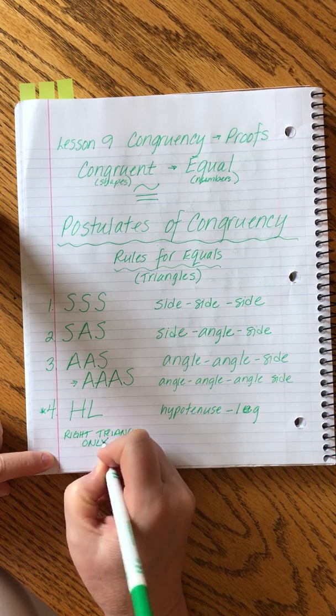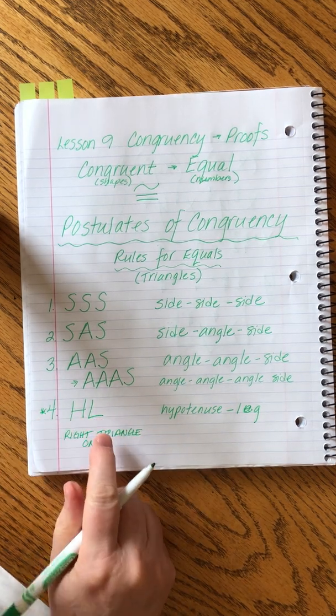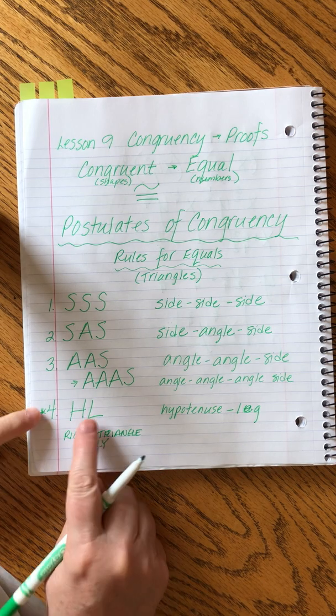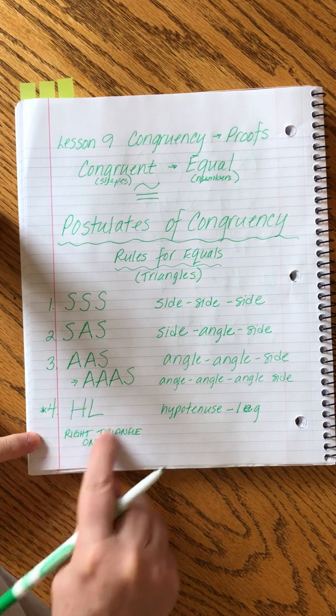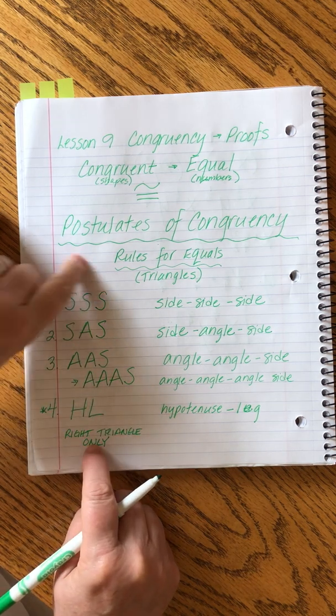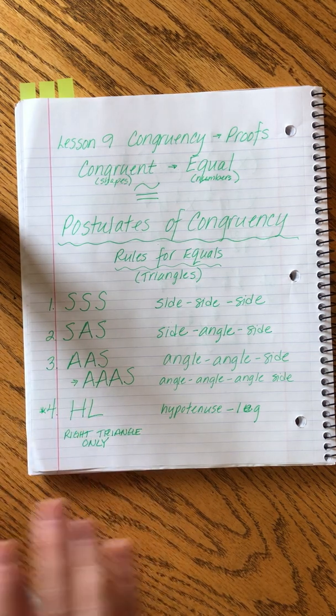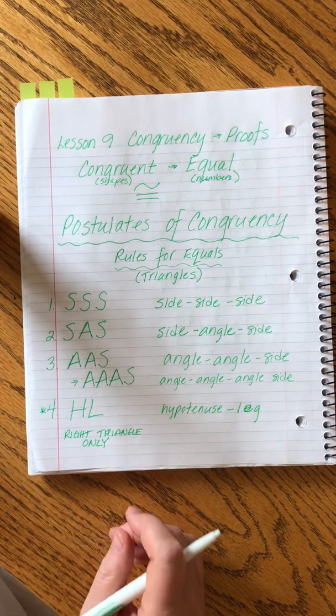And that makes sense because when we talk about hypotenuse and leg, those are words we only use for right triangles. So most students find it fairly easy to remember that this one is for only right triangles and these are for any triangle, because hypotenuse and leg, you have to have a right triangle in order to have those.